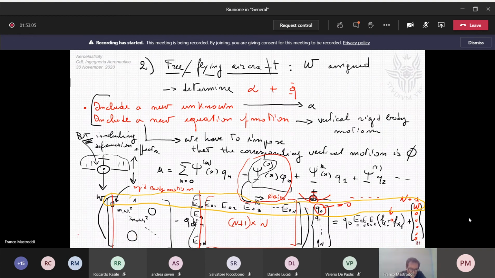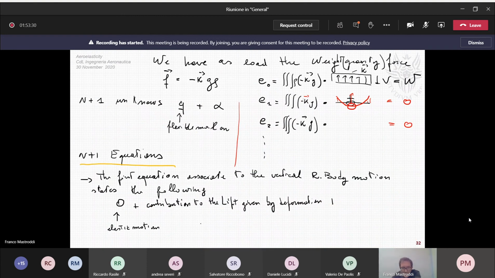We have this contribution, this contribution, 3, 4, this, and 5. We have the balancing of these 5 terms. The first one is the elasticity, and the elasticity does not exist in the rigid body motion. The second one is aerodynamic.